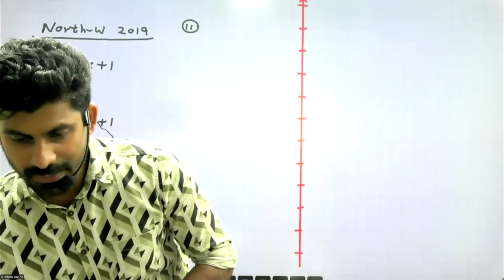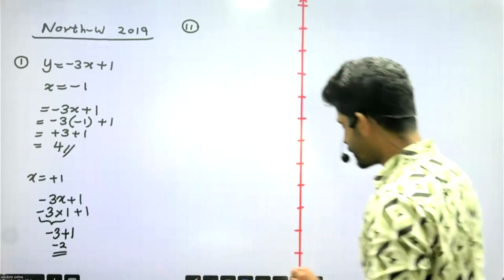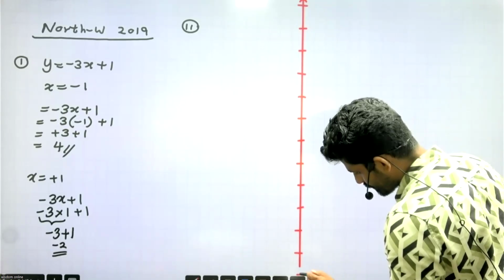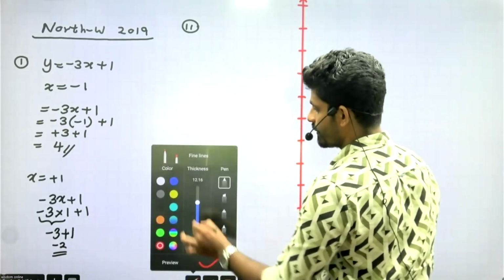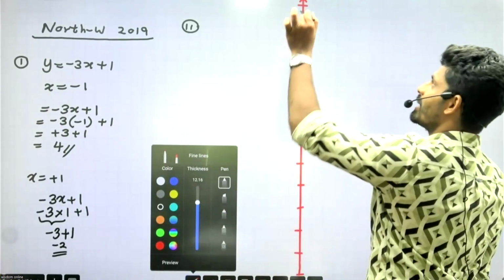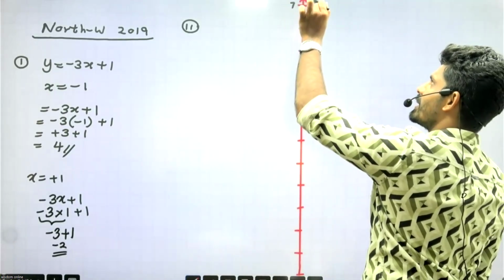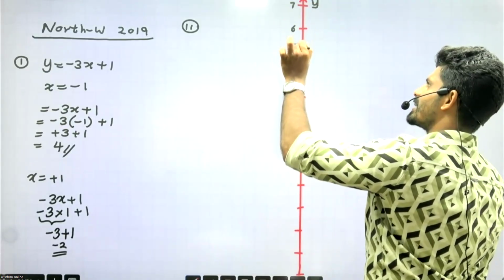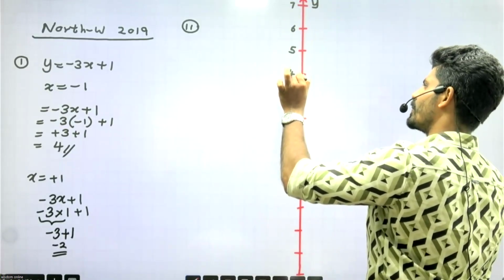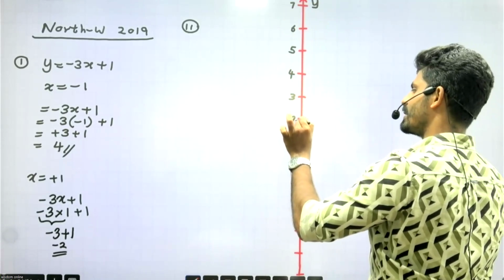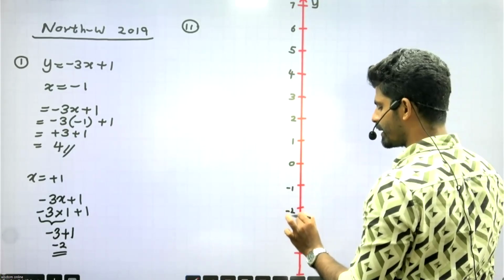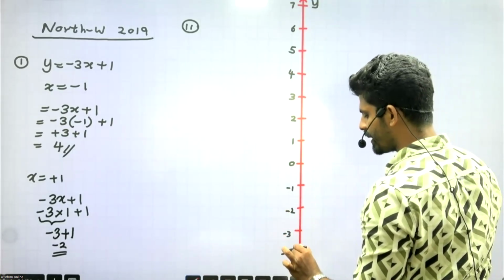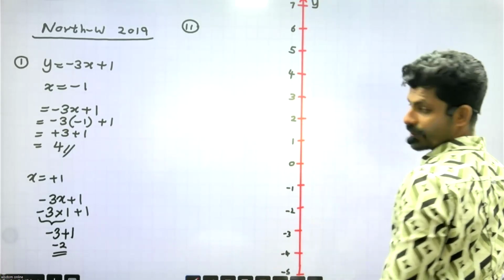I'm talking about the y-axis. Is negative 5 there? Yes, negative 5 is also there.